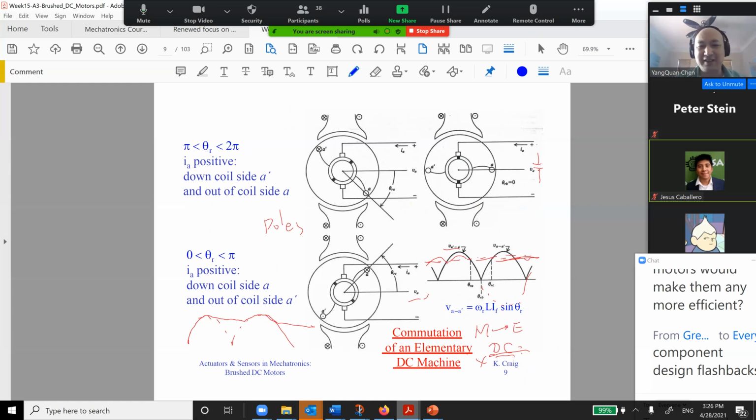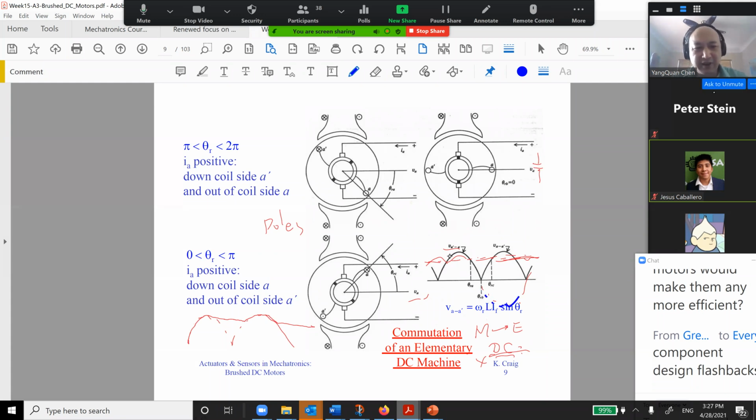Okay, so that's for commutation of elementary DC motors. Now let's talk about giving a current. When this one turns, after the commutation, otherwise it will become something like this.